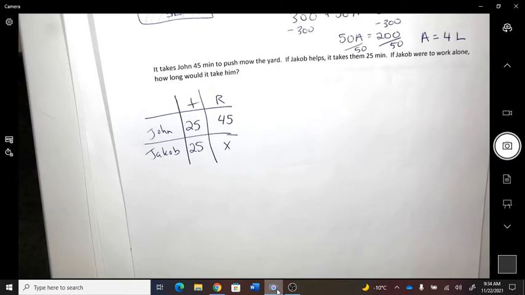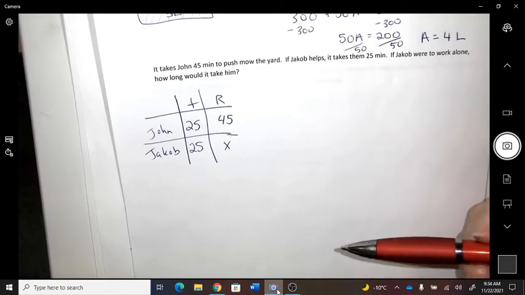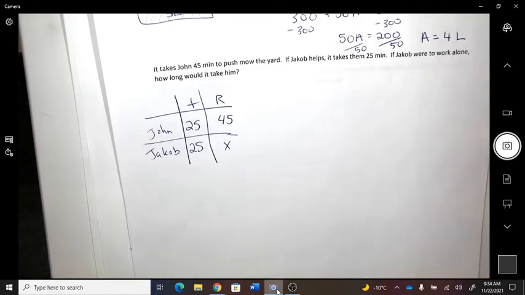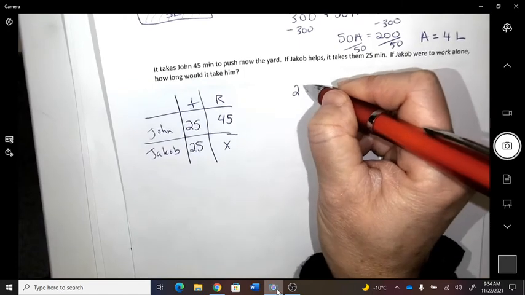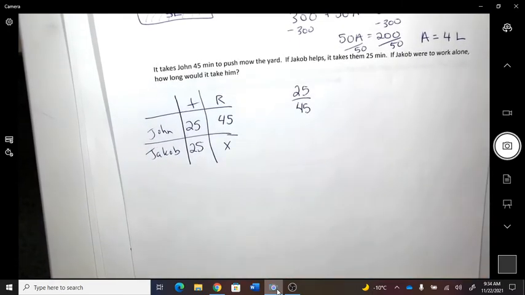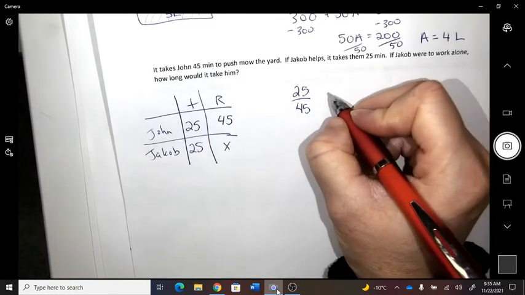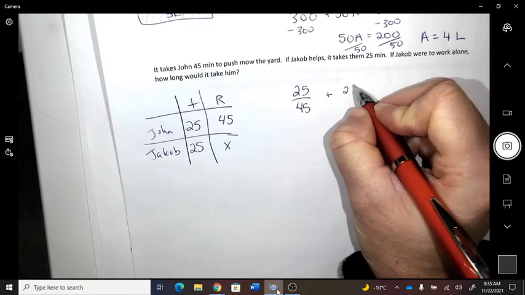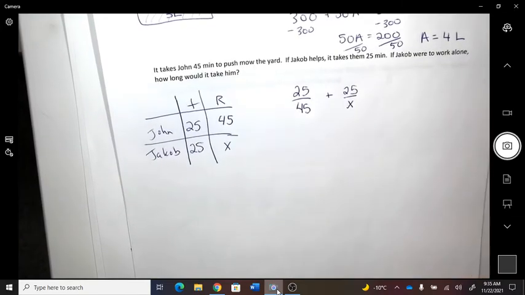Okay, so figure out time, rate. Now, when we set up our proportion of the job, John does 25 out of 45 parts of the job, plus Jacob does 25 somethings of the job, right?